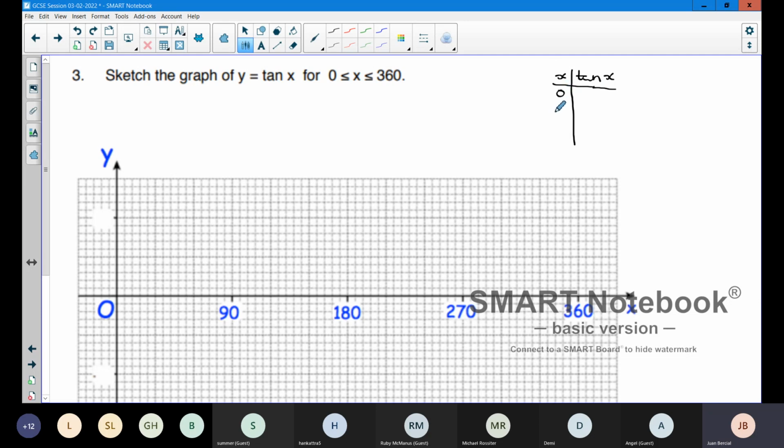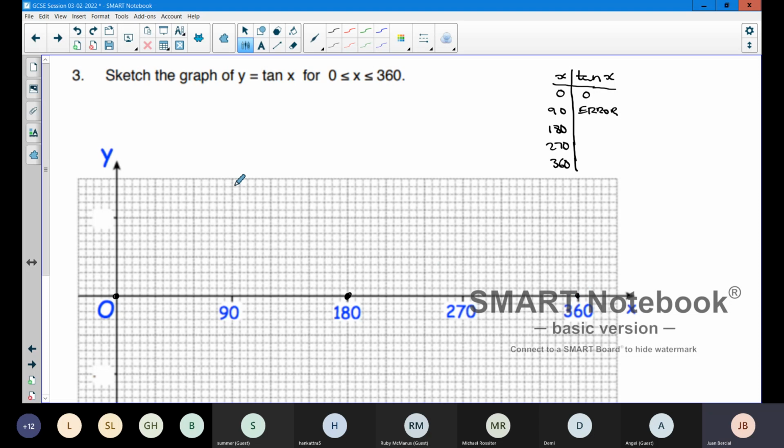If you think of 0, 90, 180, 270, and 360, if you find the tangent at 0 you get 0, but then at 90 it gives you an error. And at 180 it is 0 again, and then at 360.